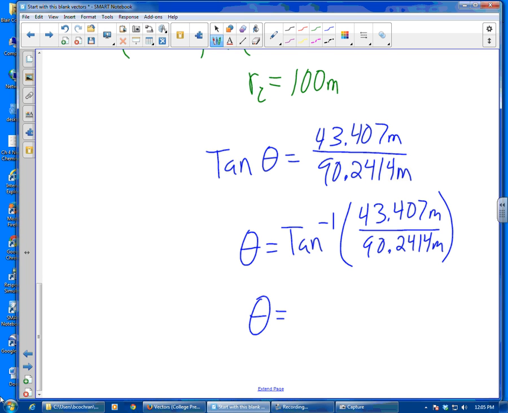So if you look on your calculator, you'll notice that the shift function on your tangent button either has an atan or a tan and a minus 1. That's known as the arc or inverse tan function. And that's what I need. That's what I'm symbolizing there.